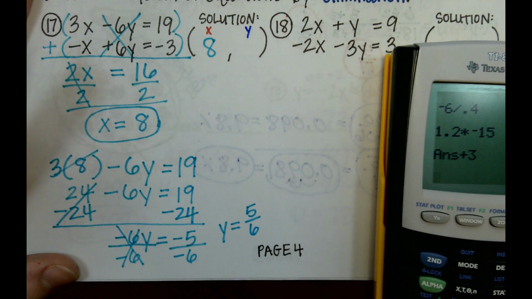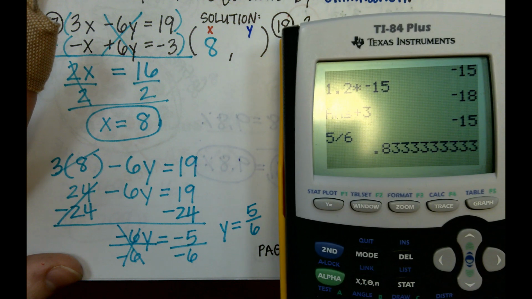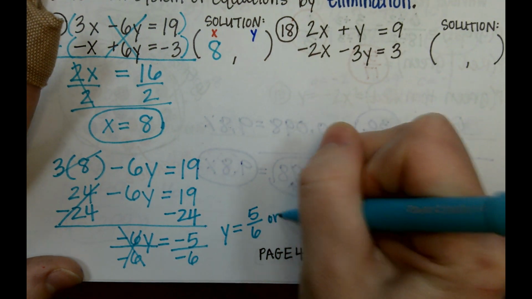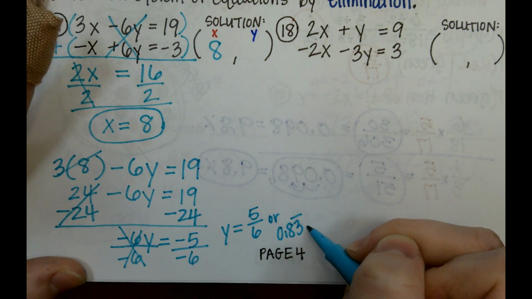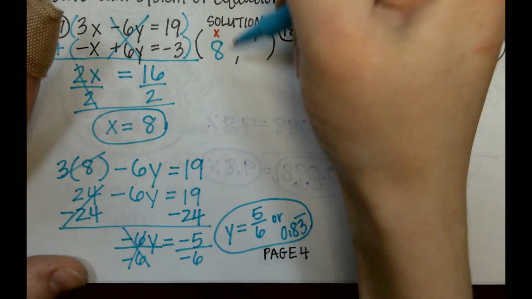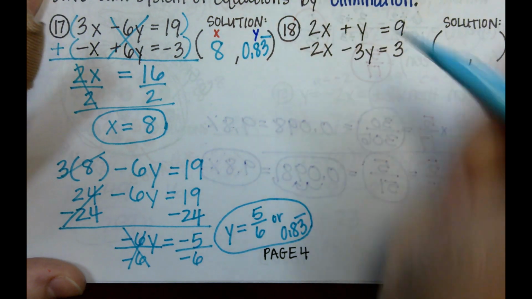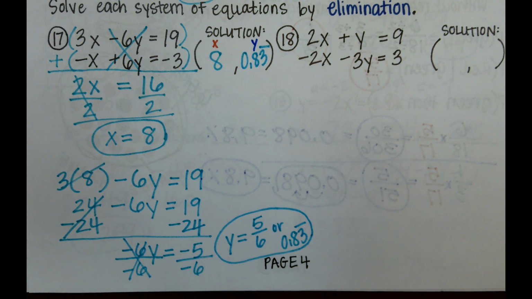Or you could type that in and get 0.83 repeating, just the 3's repeating, or 0.83. Both of those are just fine with me. And that's all there is to it for number 17.